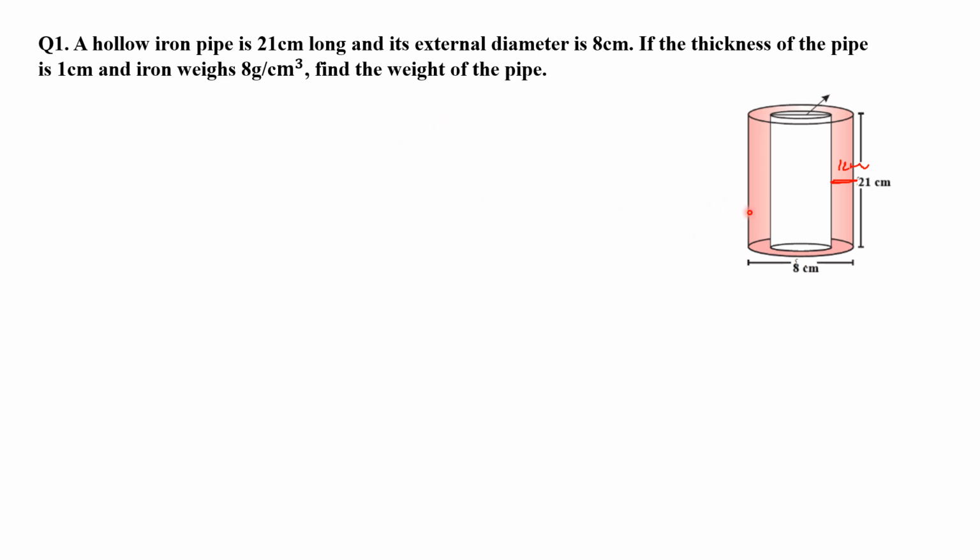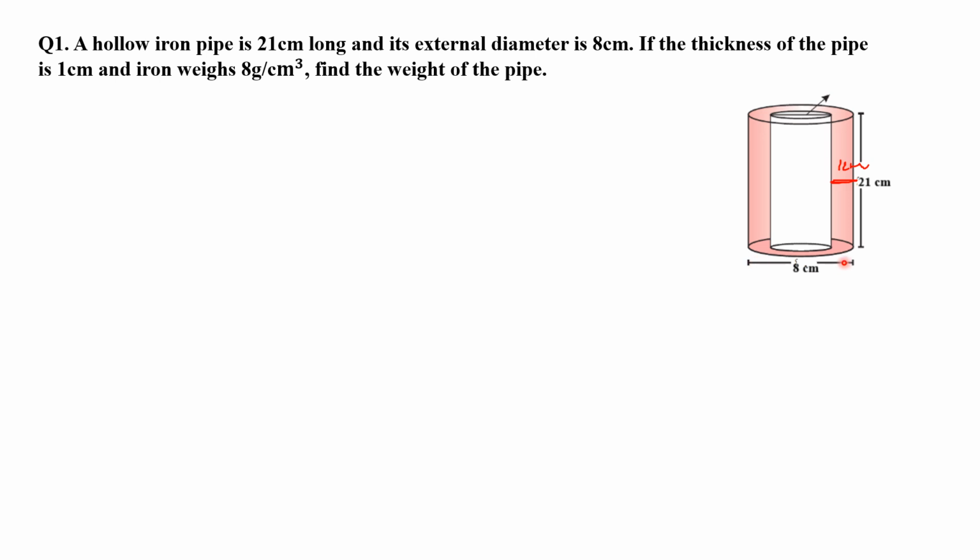So for that, first you have to find the volume of the pipe. The volume of the pipe is this pink shaded area. So first you have to find this. And just now I have given you the formula for how to find the volume of the material. The same thing I am going to use here. But first you have to see whether the internal and external radius and height, all the information, is given here or not. Height is given as 21 centimeter, external diameter is given as 8 centimeter.